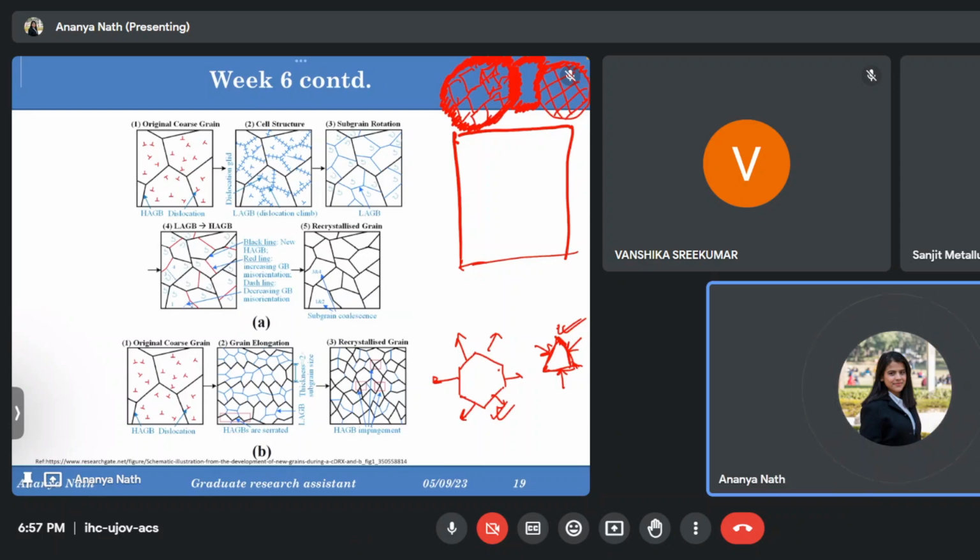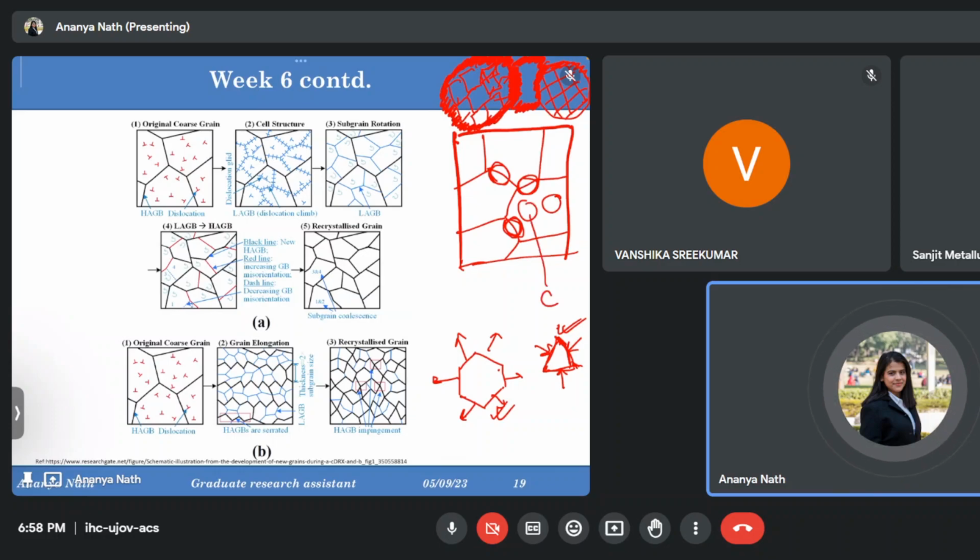So in DDRX, we are getting new grains out of the previously held grains. So if there are different grains, in the grain boundary they are making new grains. And for the next one, which is CDRX, we are having new grains inside the old grains.